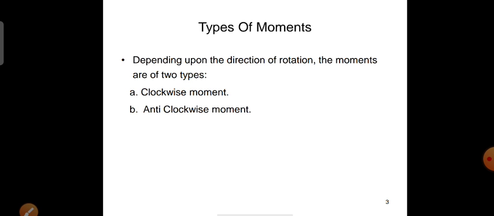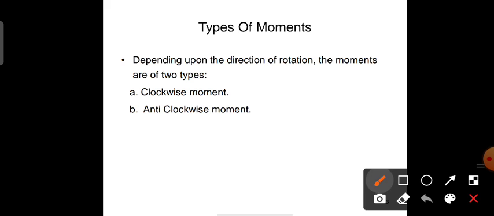Depending on the direction of rotation, the moments are of two types: clockwise moment and anti-clockwise moment. Clockwise moment means whenever you apply a force, the body may try to turn in the clockwise direction.